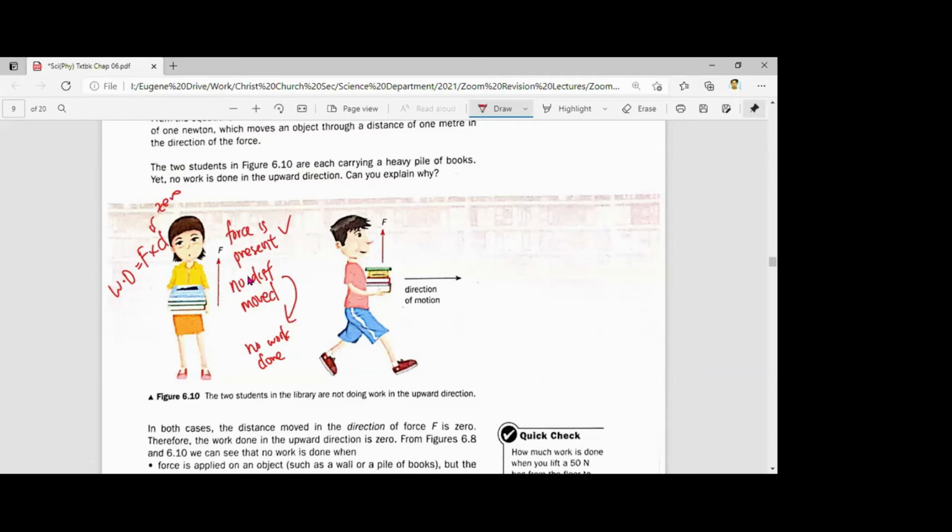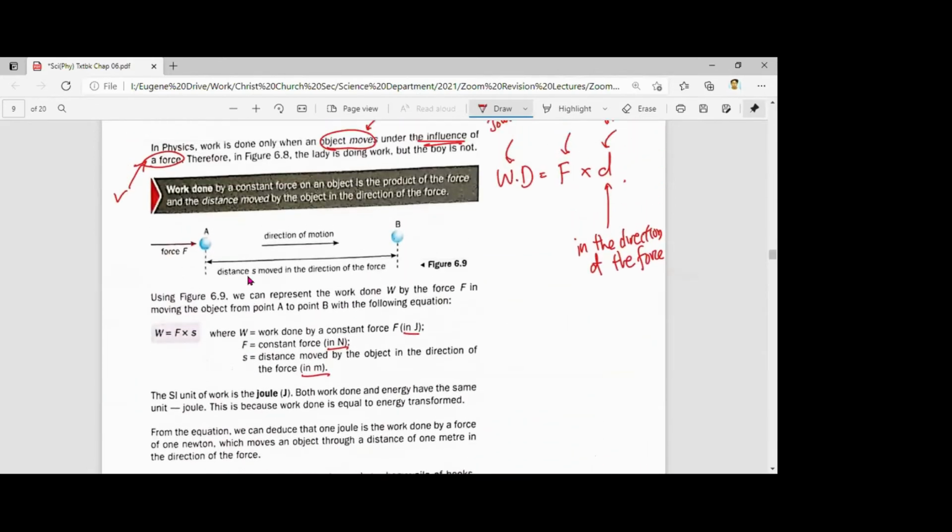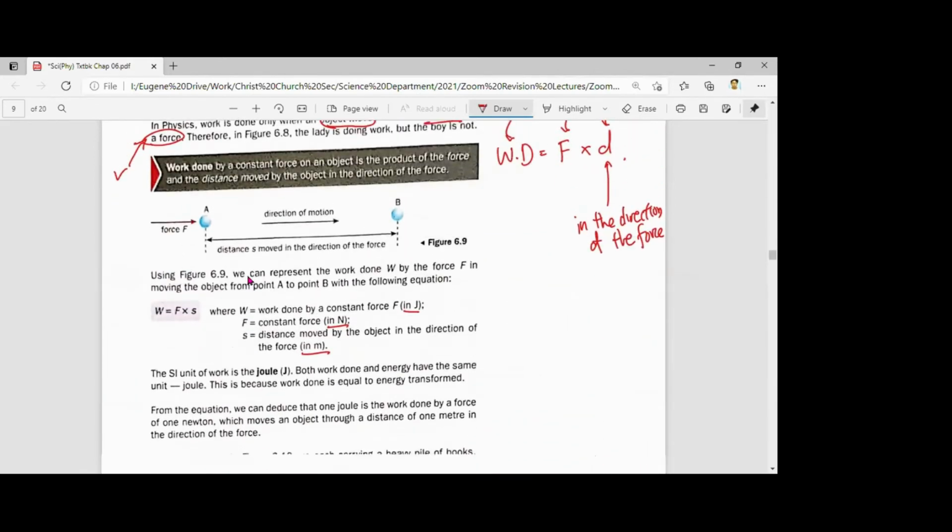But for this one, it's a little bit more complex, right? Force is present. Actually there is distance moved. However, when you take note of this, the force is upwards. Then my question to you is, is the distance moved upwards? Remember I mentioned the distance traveled must be in the direction of the force.